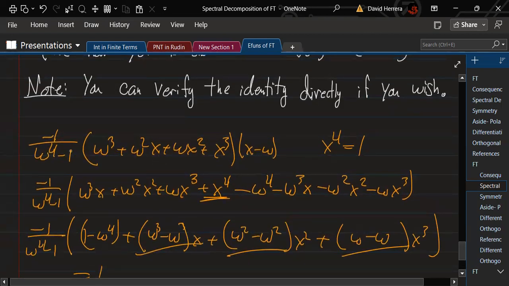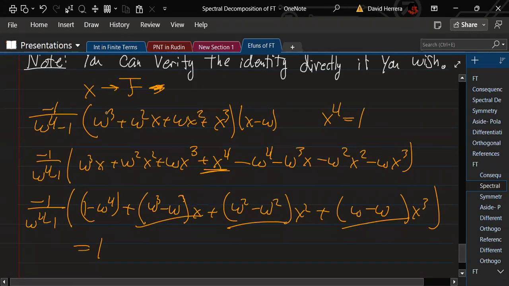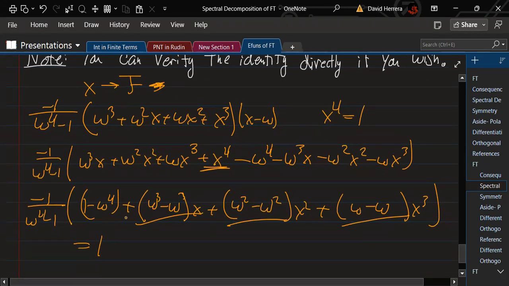And then what you can check is that this definitely is going to hold for f equal to the Fourier transform. I'm going to take x, replace it with the Fourier transform, and it's just going to hold. I mean, all these identities are pure algebraic identities, so I can just plug f in, and then it's going to be true. You can just check it if you want, but you can just see it. I didn't do anything weird. I just assumed that x omega is omega x.